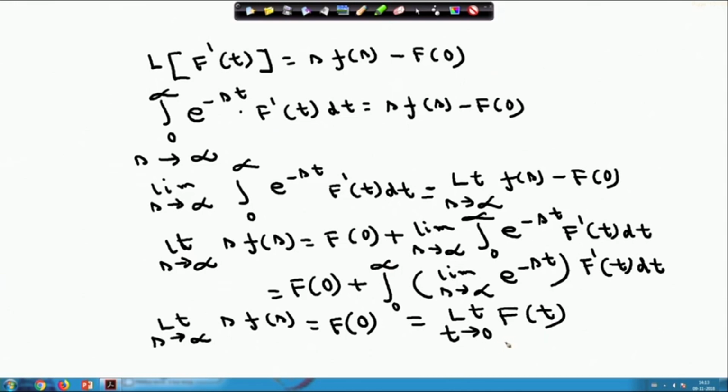So, that our proof is complete, that limit t approaches 0 of f(t) equals limit s approaches infinity of s F(s).